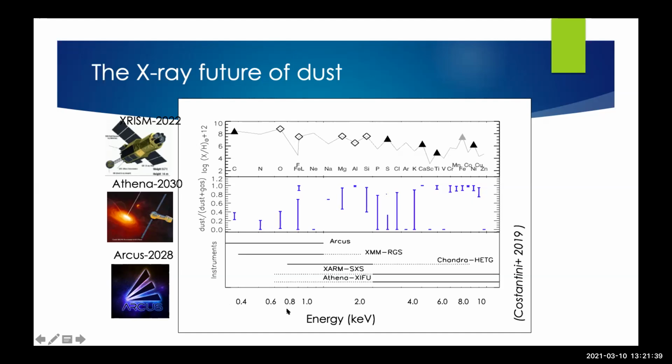So here are the elements as a function of energy, and on the y-axis we have abundance. The triangles indicate the elements that we will be able to study with future instruments. So here we have carbon on the left-hand side, studied by Arcus, and all the rest by XRISM and Athena.